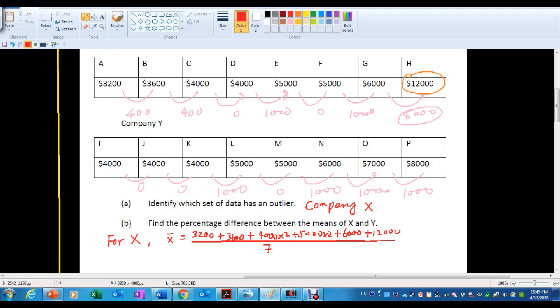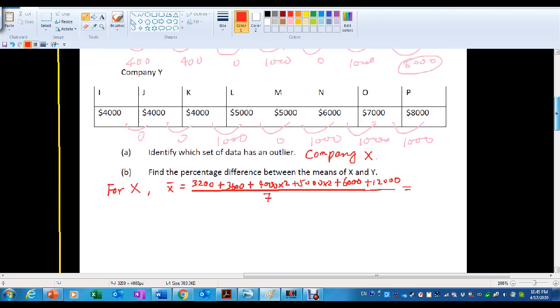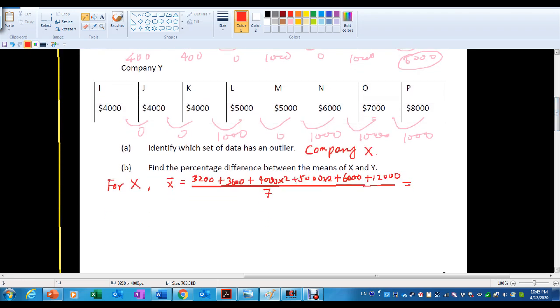Plus, so you need to use your calculator now. Okay, so that's the mean.